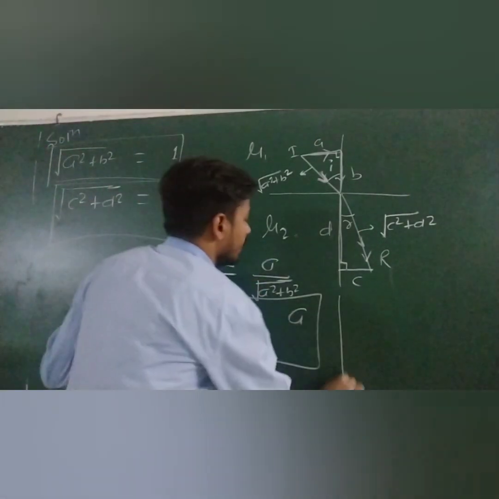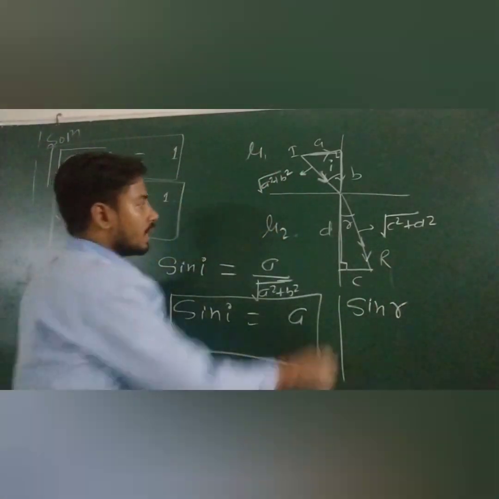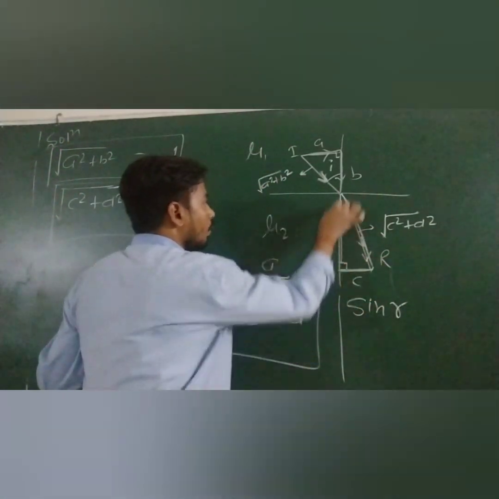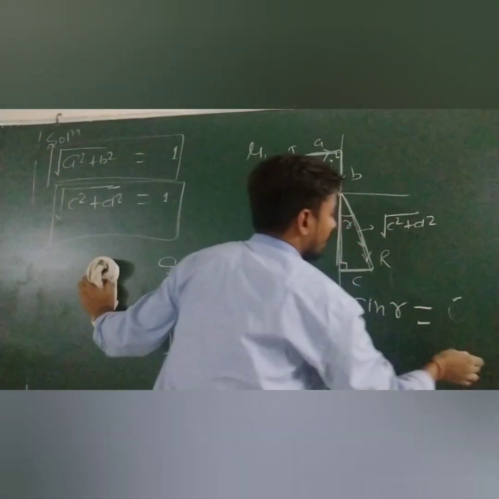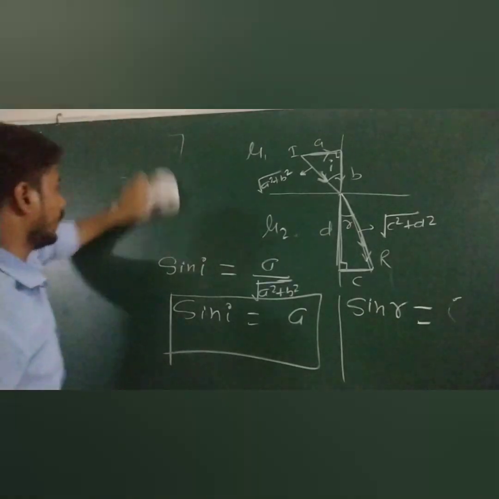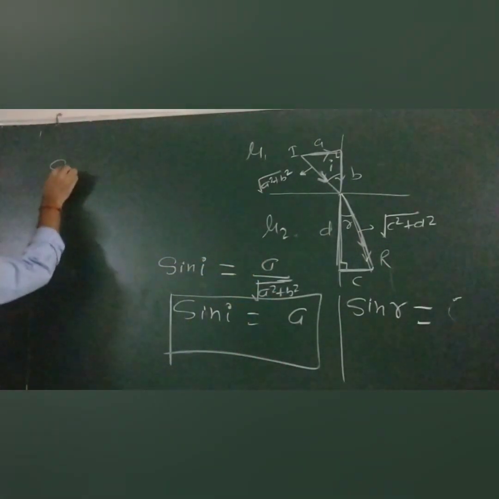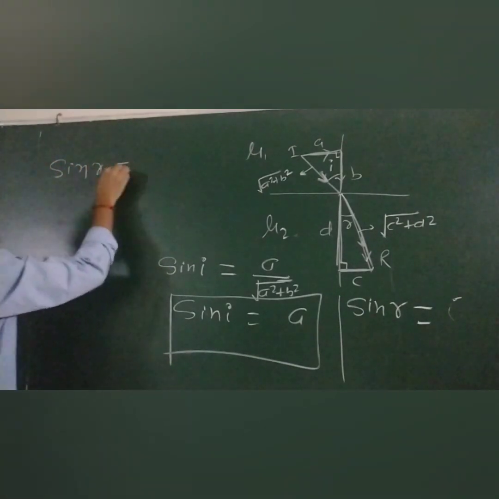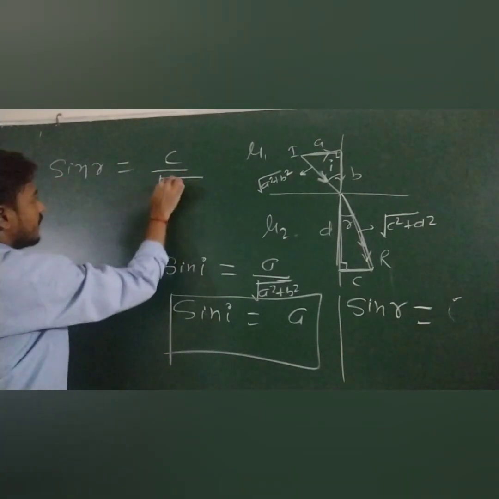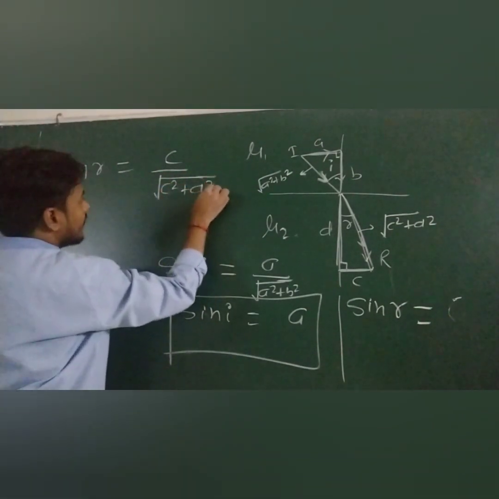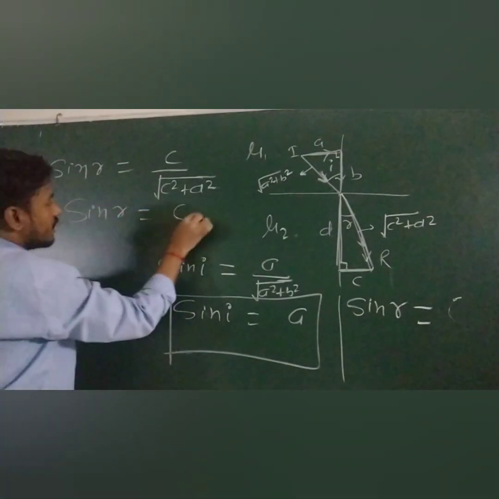Similarly, this is sine R. In this triangle, sine R is equal to C by under root C square plus D square, and this is also 1. So sine R is equal to C.